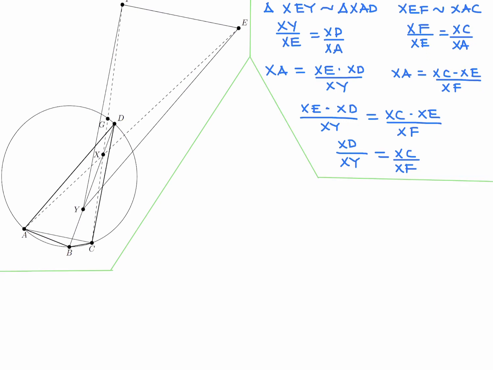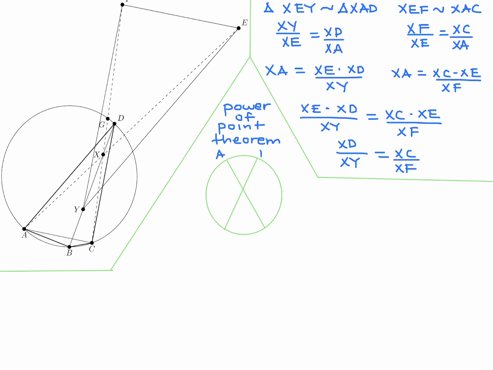Now we get to something called the power of a point theorem. Some of you may remember this, some of you may not. It basically states that if you have a circle and you've got two lines, and there are some variations of this theorem, but I'll just give you the variation that we are going to use.